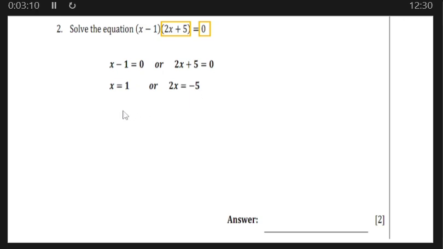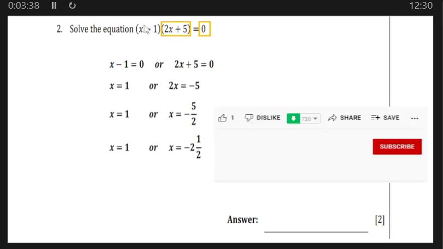So here you still have x equal to 1, or what you will do now is divide this side by 2 and this side by 2, to remain with x. So you remain with x here. Dividing -5 by 2 gives -2 remainder 1, that is -2 1 over 2.